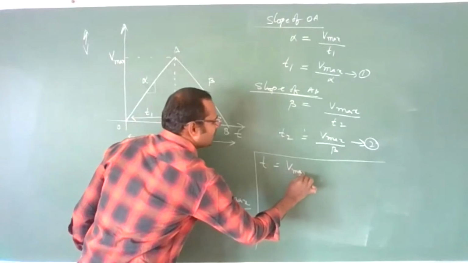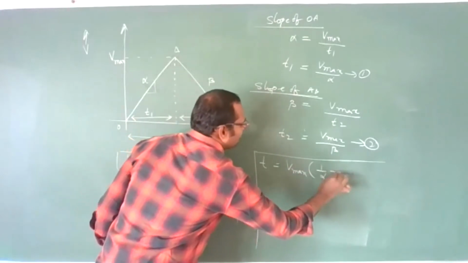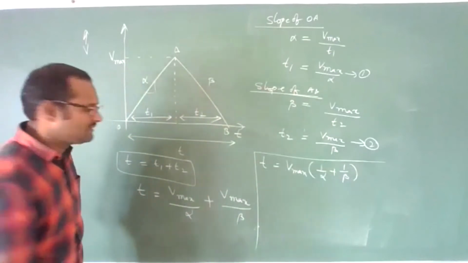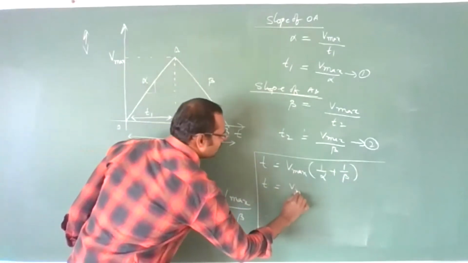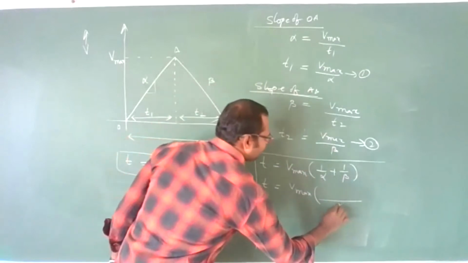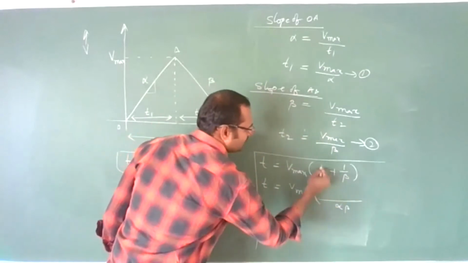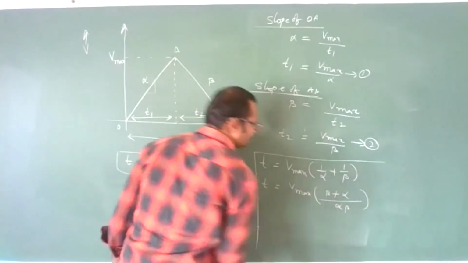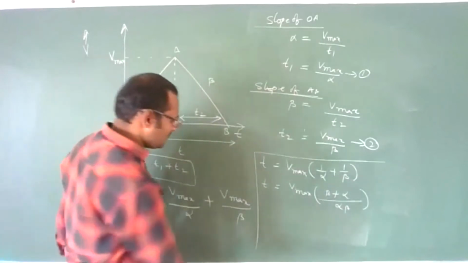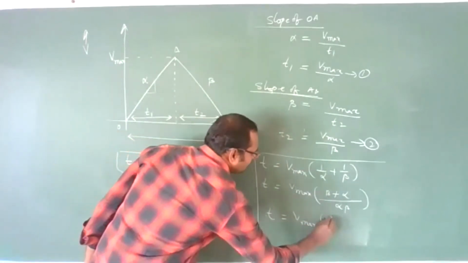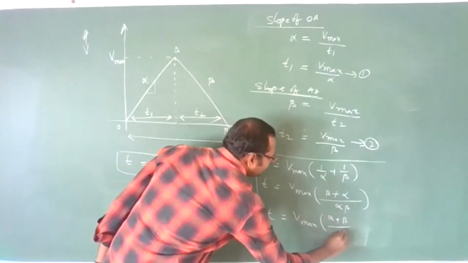You get V maximum into 1 by alpha plus 1 by beta. Correct? Yes. So T is equal to V maximum into LCM alpha beta. Then it will become beta into 1 is beta plus alpha into 1 is alpha. So T can be written as V maximum into alpha plus beta by alpha beta.